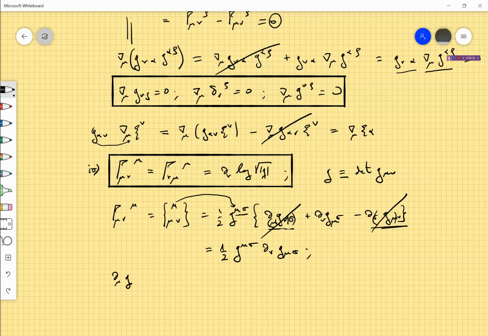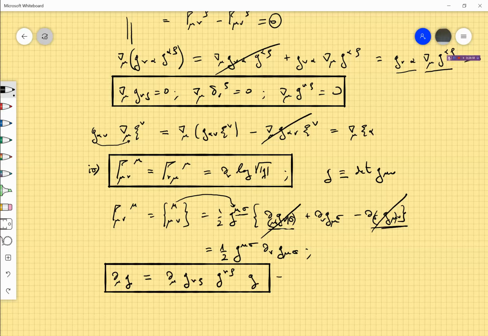This property holds for the determinant of any square matrix, and it tells you that this is the inverse matrix times the determinant itself. So using this here, you conclude that this is 1 over 2g partial nu of g.